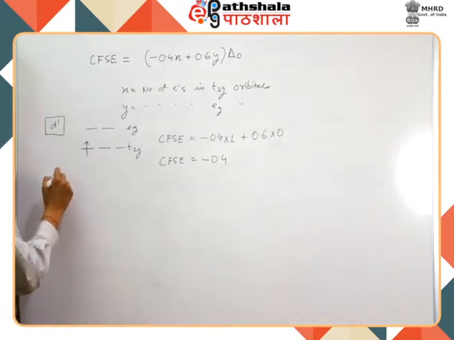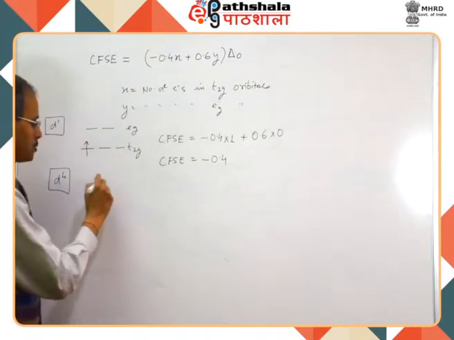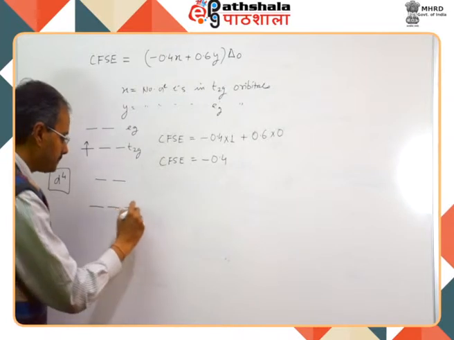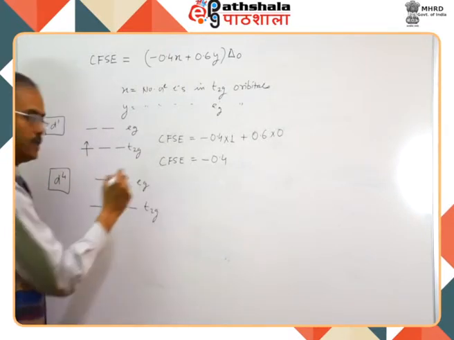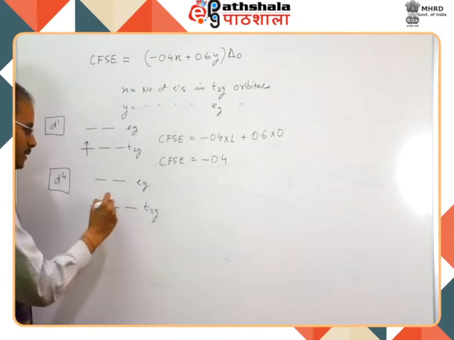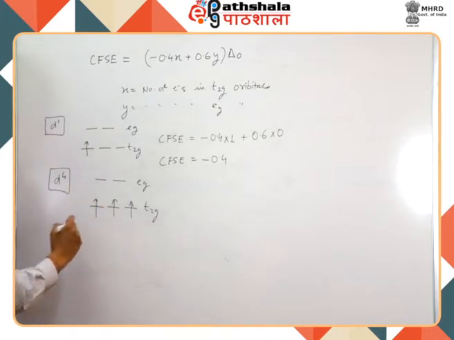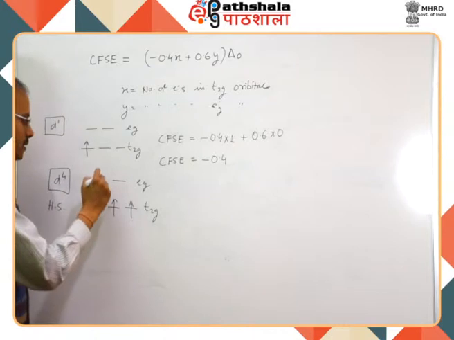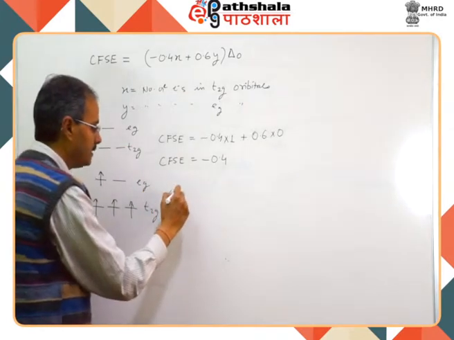Now let us take an example of the D4 electronic configuration. We have the same T2G and EG set of orbitals. So this is the first one, the second one, the third one. Let us say we take the first example as the high spin. So the fourth electron goes to the EG set of orbitals. What will happen to the CFSE?